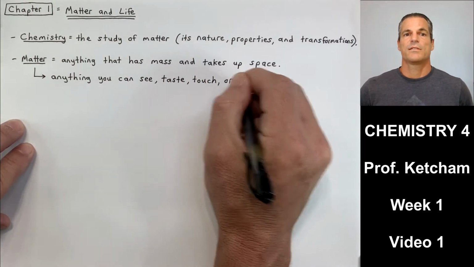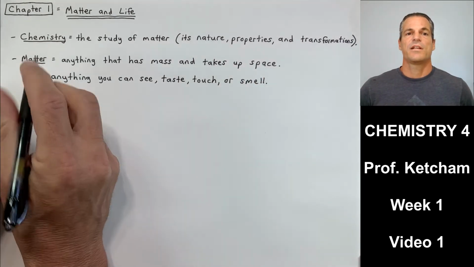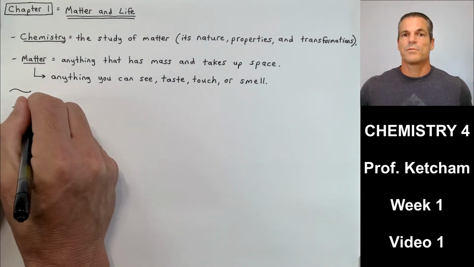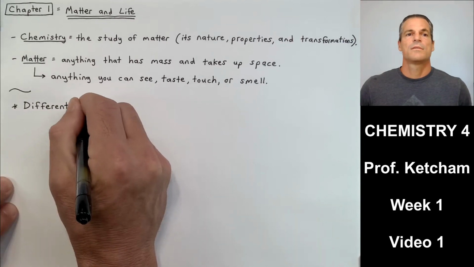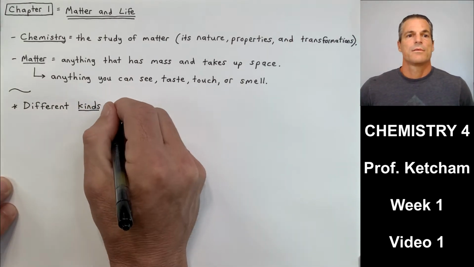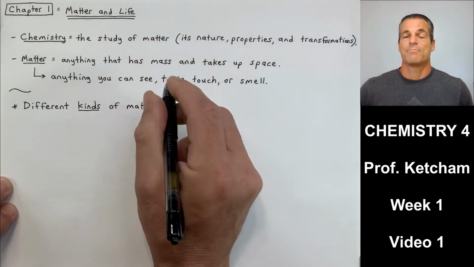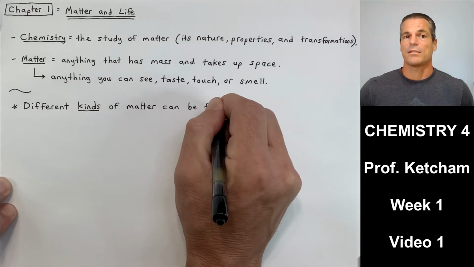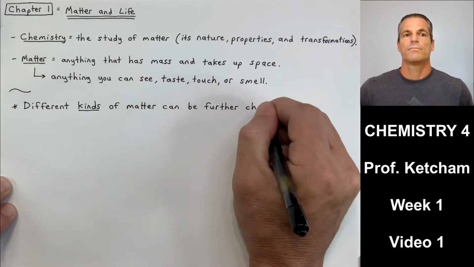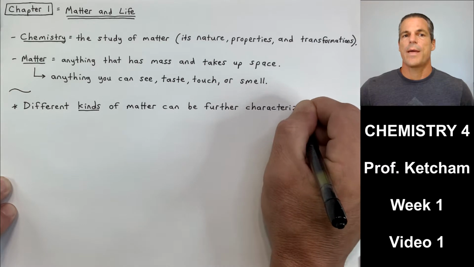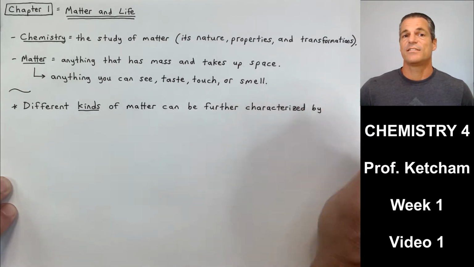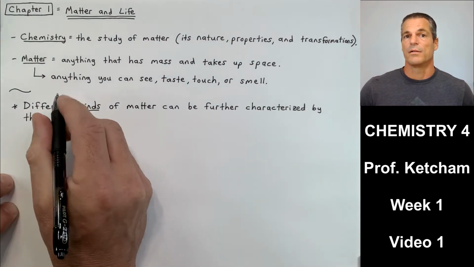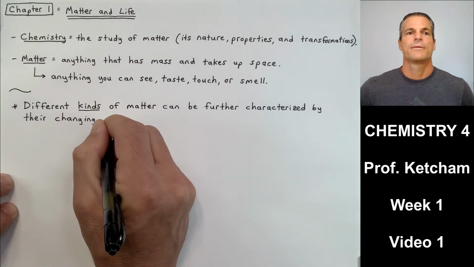Chemistry is the study of matter, in all of its nature, its properties and transformations. So what is matter? Matter is anything that has mass and takes up space. Another definition of matter would be anything you can see, taste, touch, or smell. So pretty much everything, right?